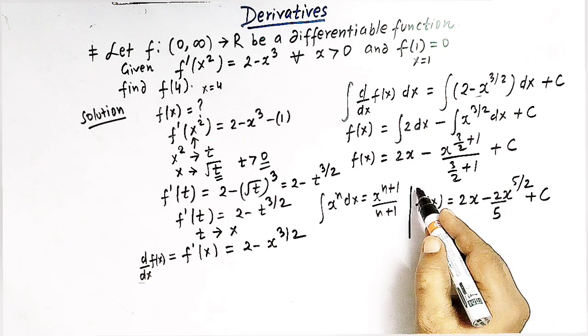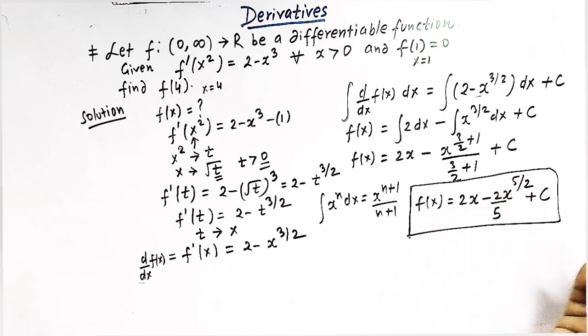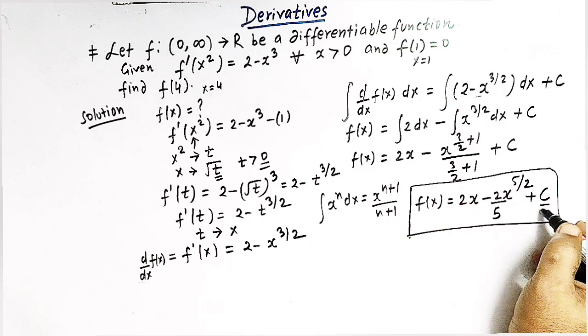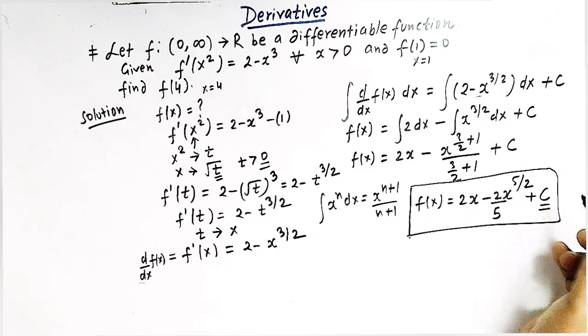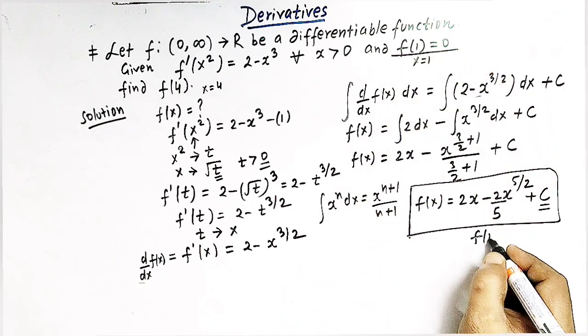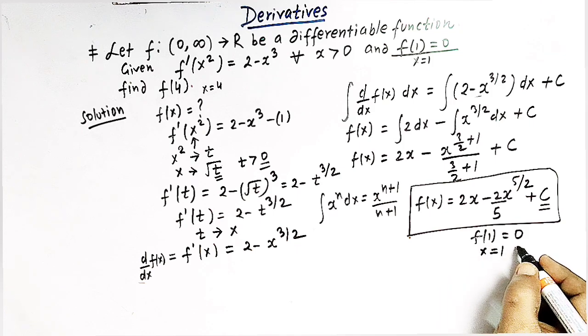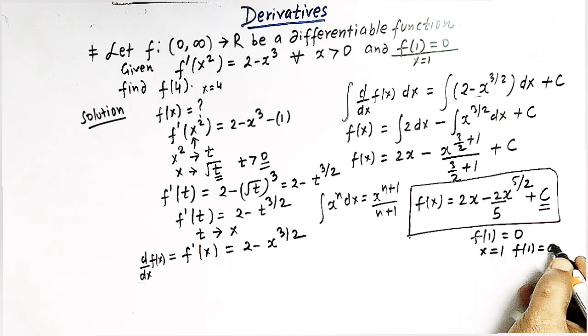So now to get the value of f of x, we have to find out the value of this constant of integration c by using this condition, that is f of 1 is equal to 0. So when x is 1, then f of 1 is 0.